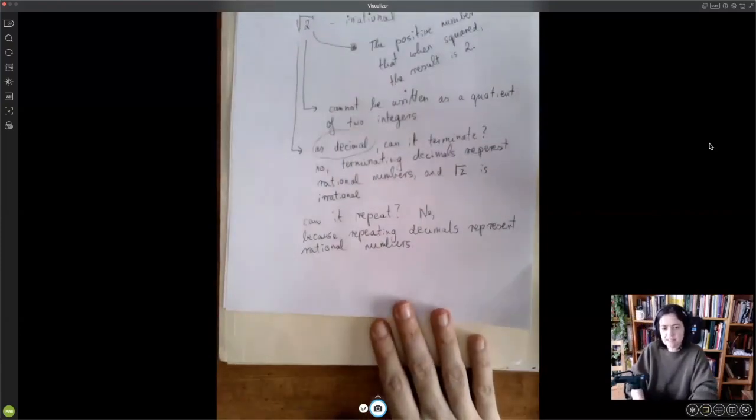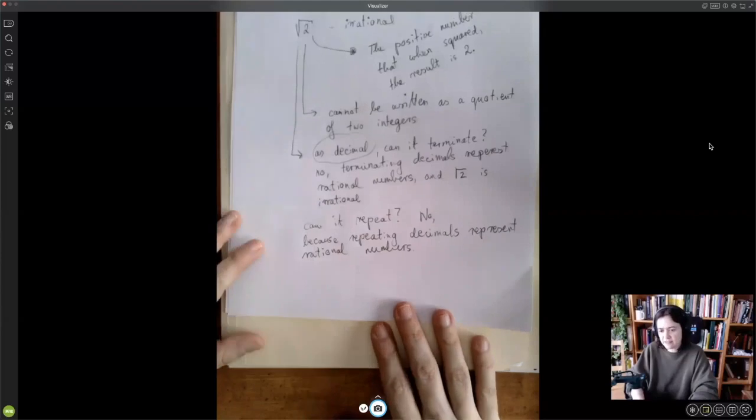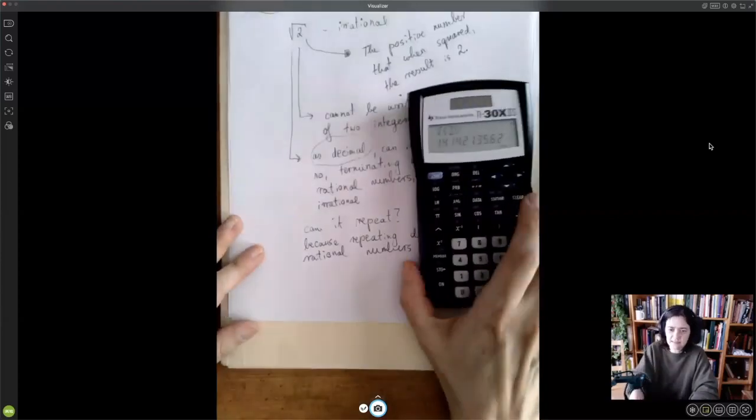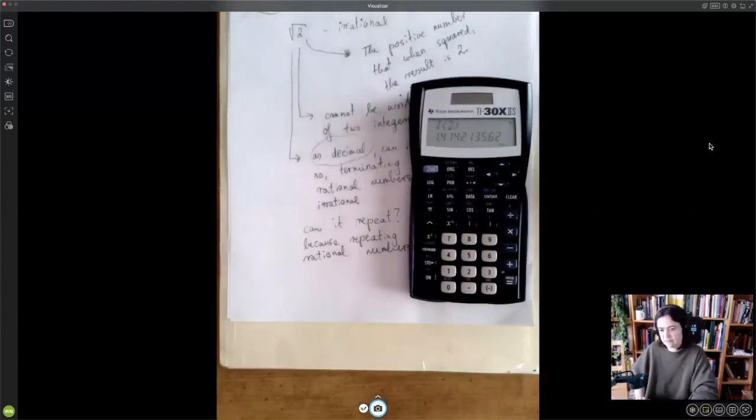So then what is left for poor old square root of 2 as a decimal? What kind of a decimal presentation will square root of 2 have? What is left? It's pretty bad. It doesn't terminate and it doesn't repeat. You can have all kinds of patterns, but you cannot have a repeating block, because that would make it rational.